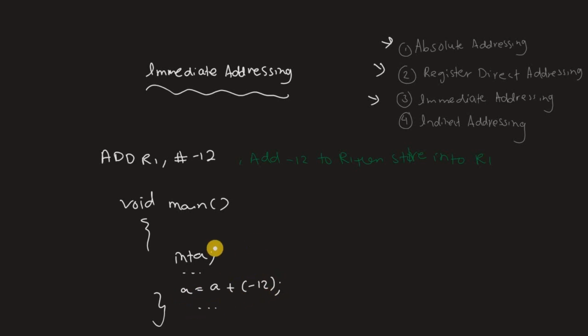Here you see we have the variable a, and -12 is being added to a, and then the result is stored into the variable a. This is what is basically happening in immediate addressing.